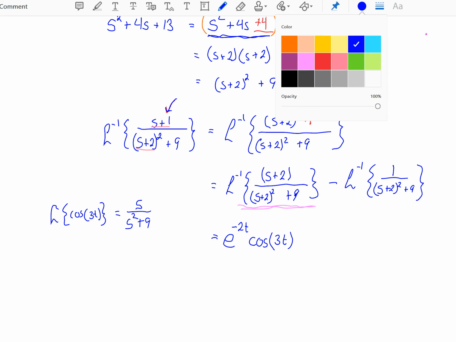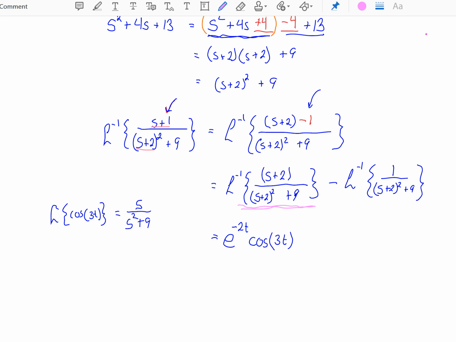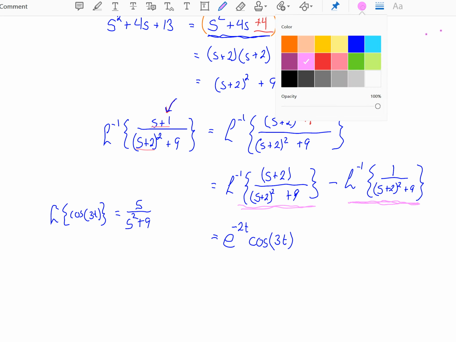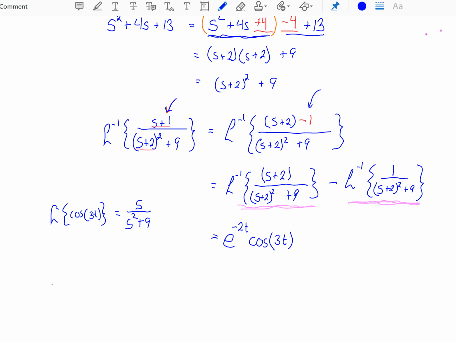Now, our second term. This looks a lot like the Laplace of a sine function. Recall now that the Laplace of your sine function is actually going to be 3 over s squared plus 9.